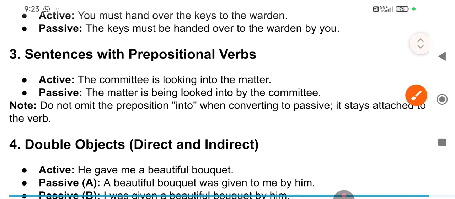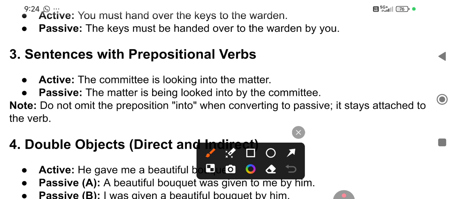Suppose: you should apply for the job. So, you should apply. You should collect the tickets, right? You should collect the tickets.